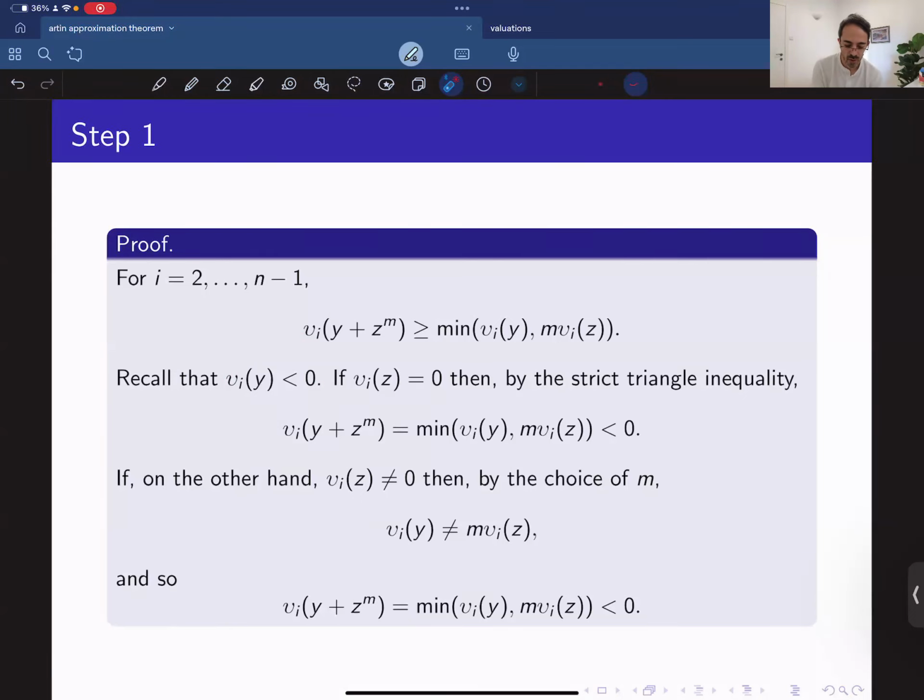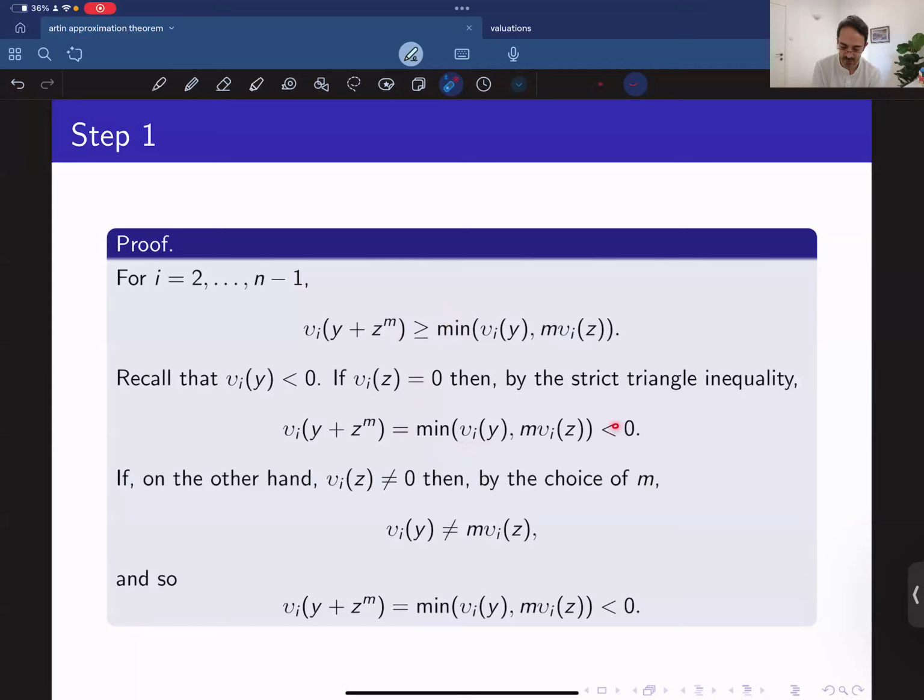And now for Vi of Z, consider two cases. If Vi of Z is 0, which you recall was a problem when we chose the M's before, then by the strict triangle inequality, this inequality actually becomes an equality. So you get the minimum between a strictly negative number and a 0.